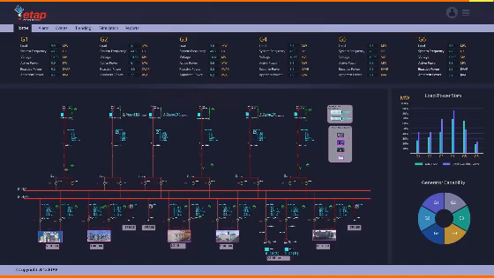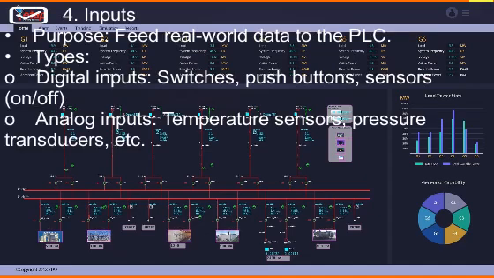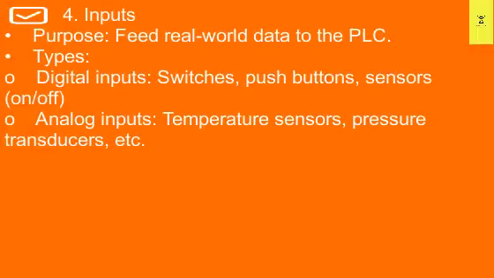Element 4, the input element. Inputs feed real-world data to the PLC.